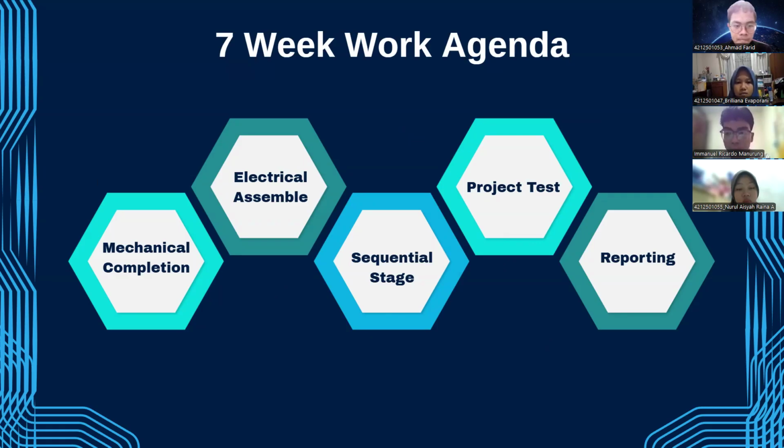After that, we'll move on to developing the sequential control, where we'll create and test the motor movement and control system. When everything is set up, we'll conduct machine testing to ensure the Cartesian machine operates correctly and meets the design guidelines. And finally, we'll work on reporting, preparing both the final report and the presentation to summarize our progress and results.